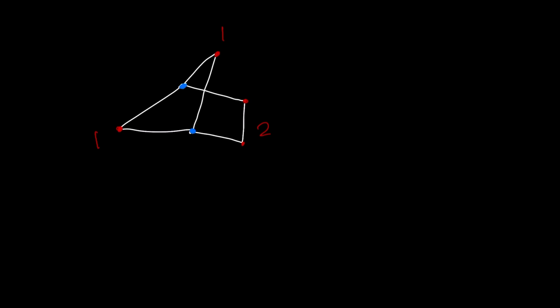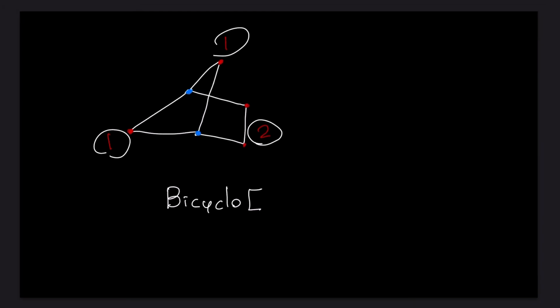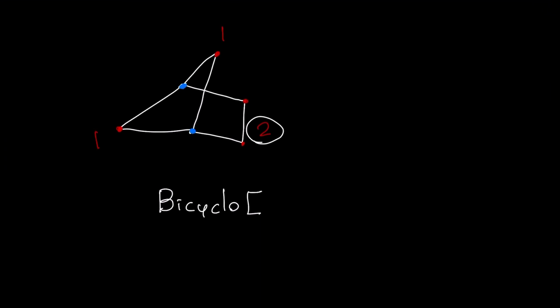So the way we're going to name this is you're going to write the word bicyclo. Then you're going to open these brackets and put these numbers in descending order. So put the 2 first, and then dot 1, dot 1, and then close the brackets, and you're going to count all of the carbons that are in the molecule.